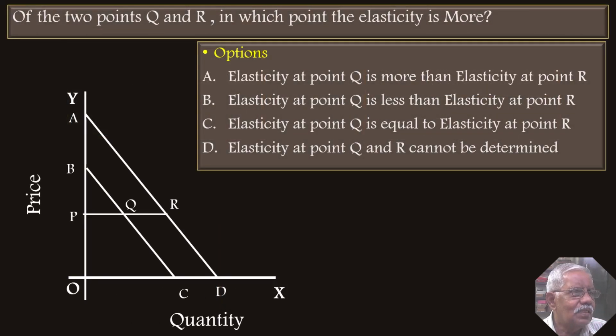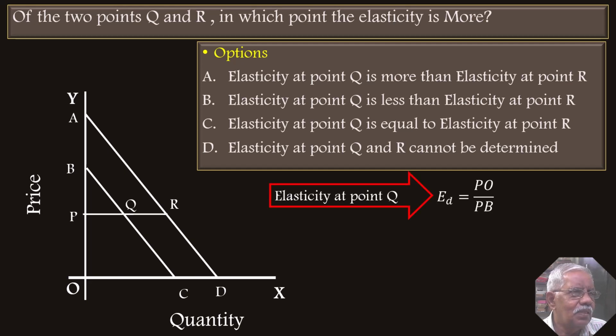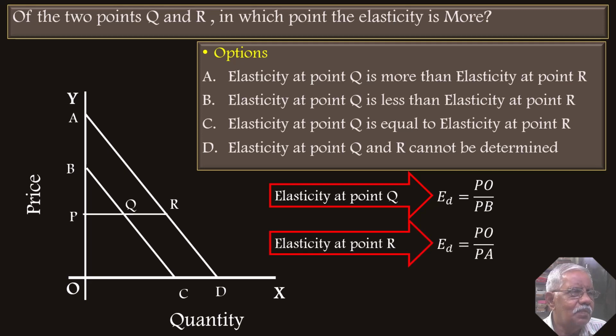First, we shall take the two parallel demand curve question. Applying the vertical axis formula, the elasticity at point Q on the demand curve BC is PO by PB. Elasticity at point R on the demand curve AD is PO by PA. From the observation, we can easily understand that the length of PO in both the ratios are the same, but the length of PA is greater than the length of PB.